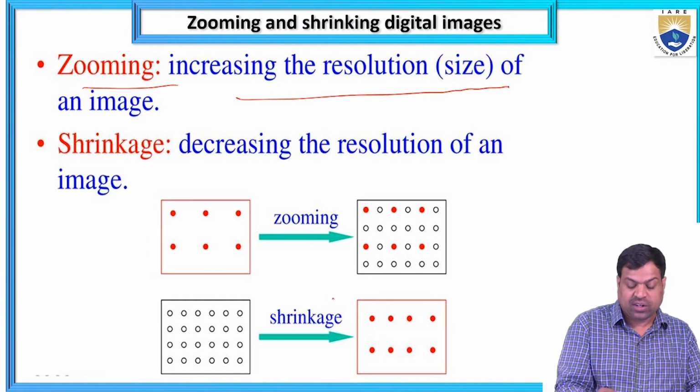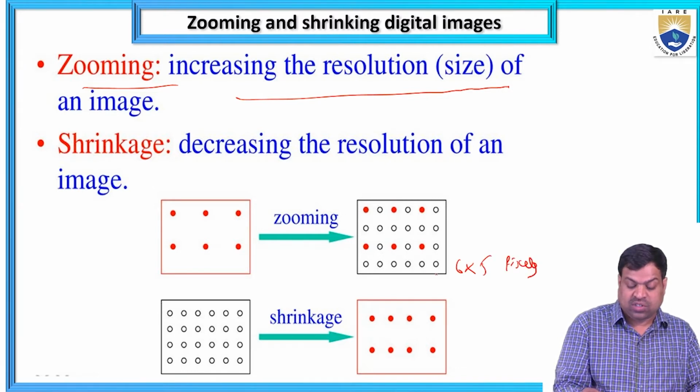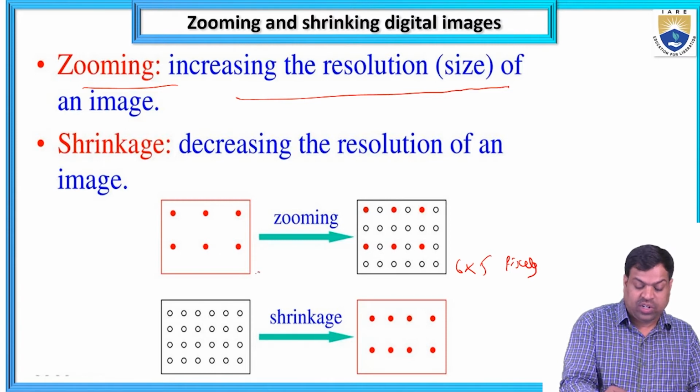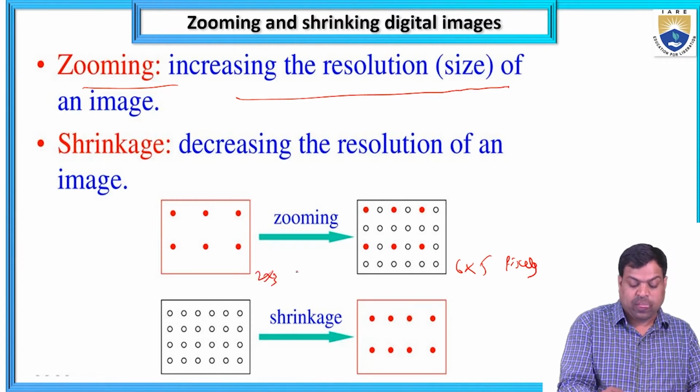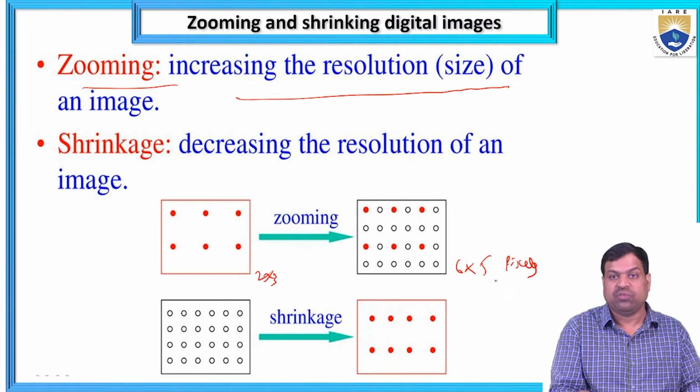You can see here so many pixels, 1, 2, 3, 4, 5, 6, so 6 by 5 pixels. Here only 2 by 3 is there. When applying zooming to the 2 by 3, it is converted to 6 by 5 pixels.